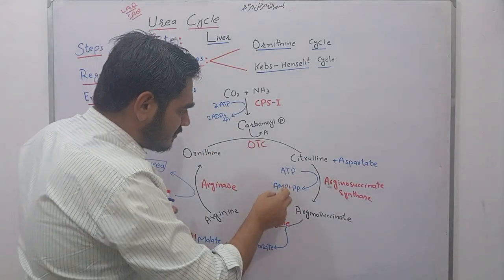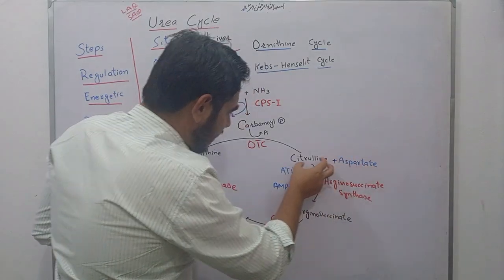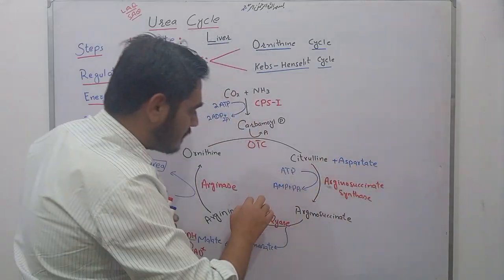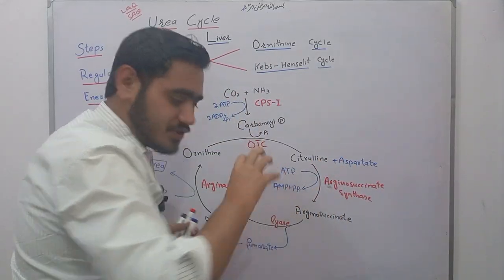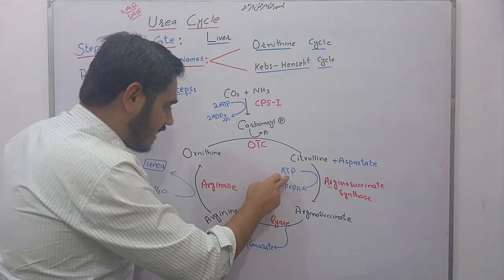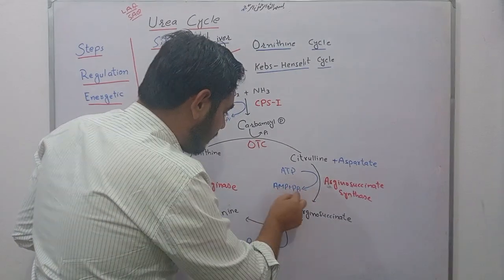In the next reaction, there is attachment of aspartate with the citrulline, with the help of arginosuccinate synthase enzyme, and two high energy phosphate bonds are utilized, and there is a formation of AMP and PPi.